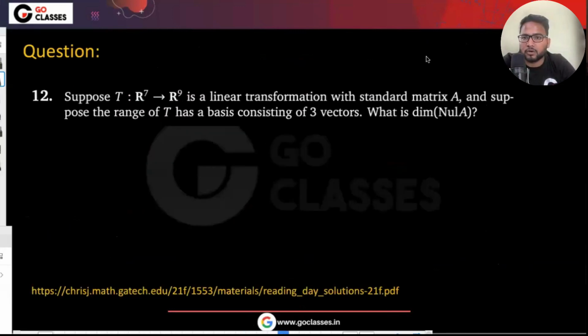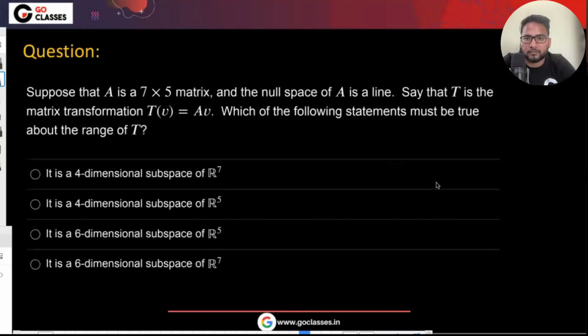Cool. So all of these questions we can do later on. Yeah. This is a very tricky question. Just try this question also. Very tricky. The answer is on the next page. We will do this tomorrow for sure.